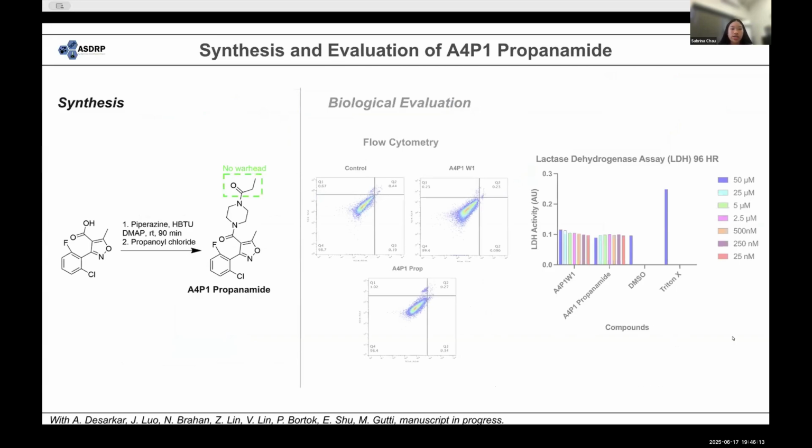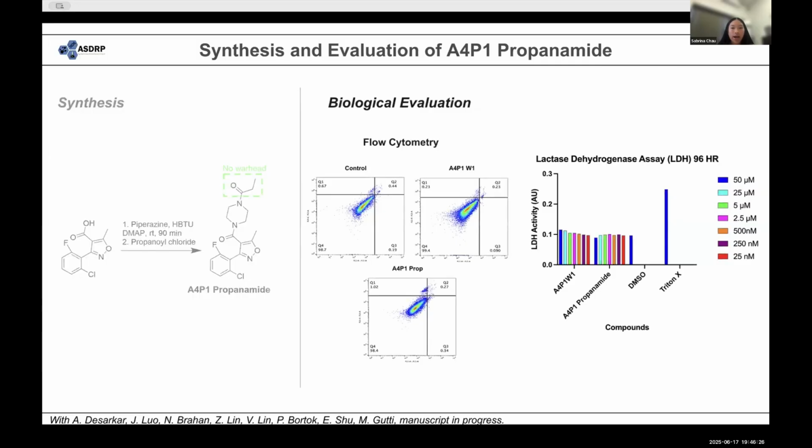We also tested A4P1 propanamide, which does not have the warhead, while the A4P1 acrylamide does. So we did flow on A4P1 with the warhead and also with A4P1 propanamide, as well as the control DMSO, but it did not compare to A4P1 acrylamide through covalent inhibition.